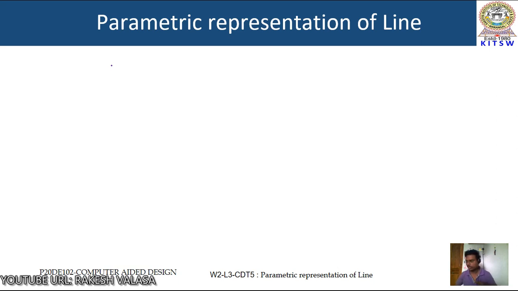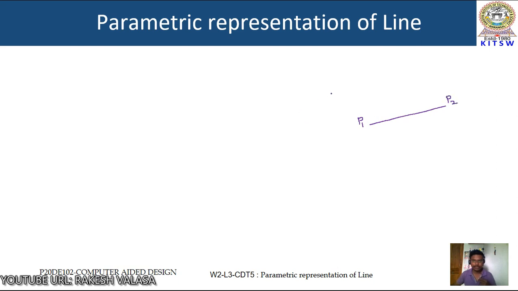Let us take one line in a three-dimensional Cartesian coordinate system. This is my line. This endpoint is P1 and this endpoint is P2.